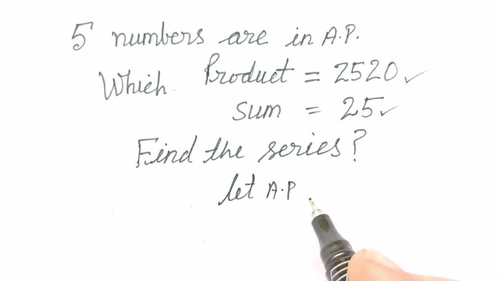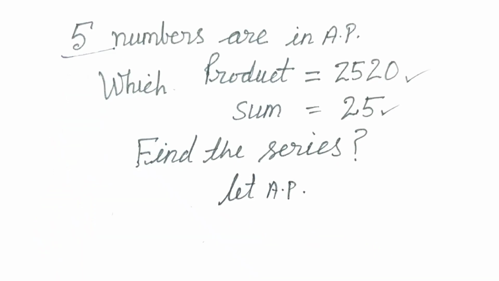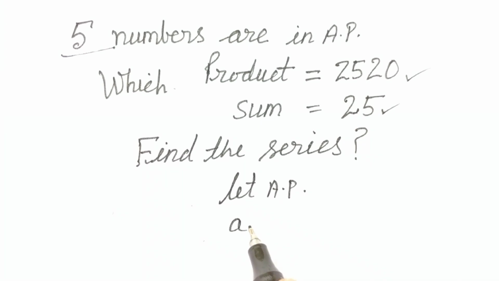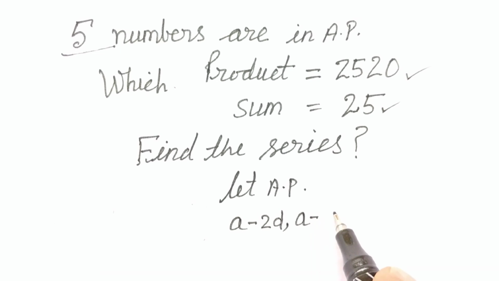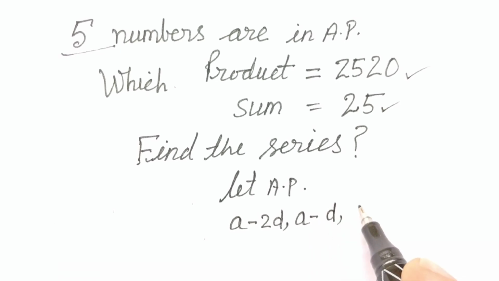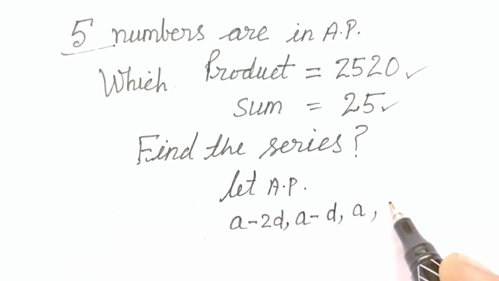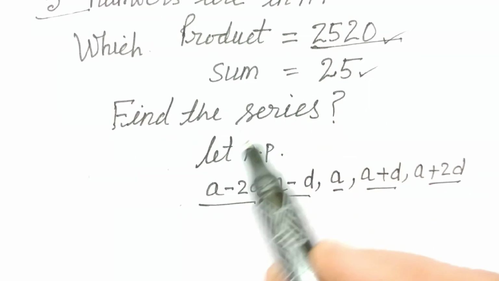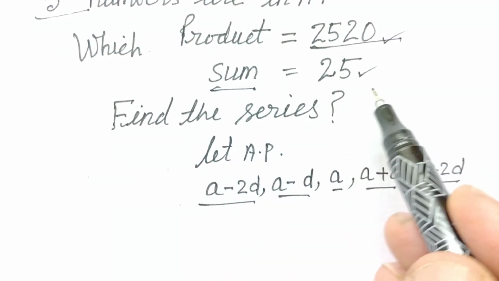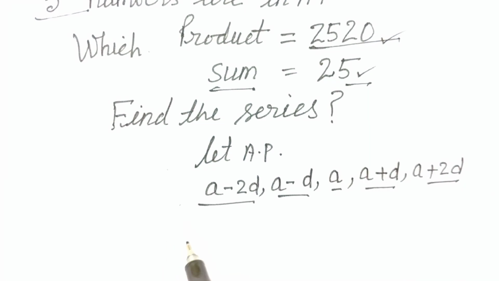Let the arithmetic progression in which 5 numbers be A minus 2d, A minus d, A, A plus d, A plus 2d. According to the condition, the sum is 25, right?